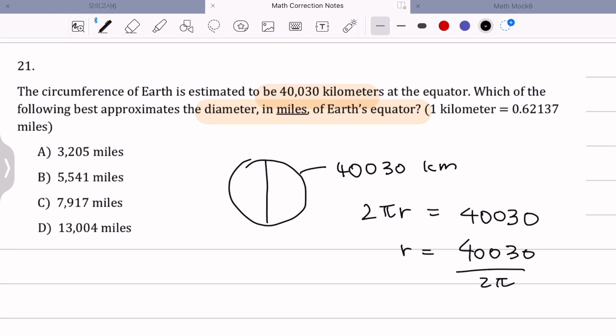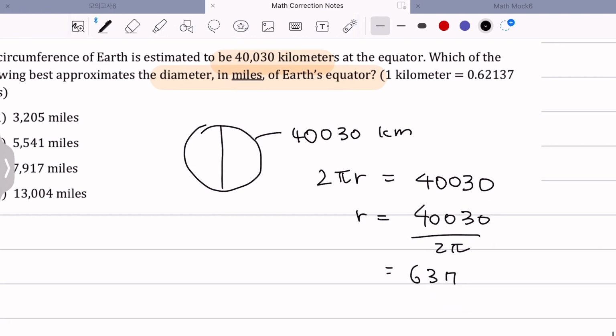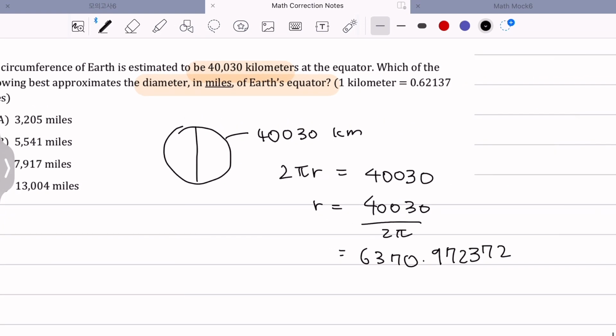So it would be about 6,370.972372 in kilometers. And so the diameter, which is 2r, would be radius times 2.